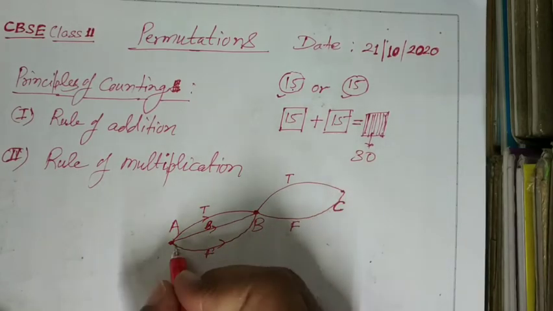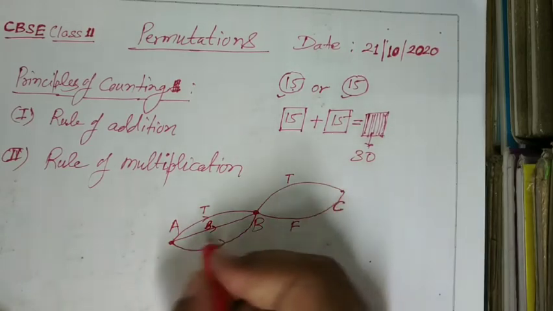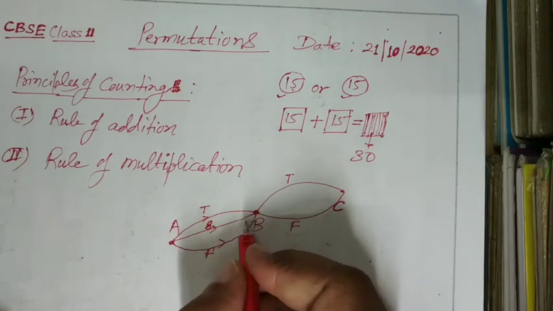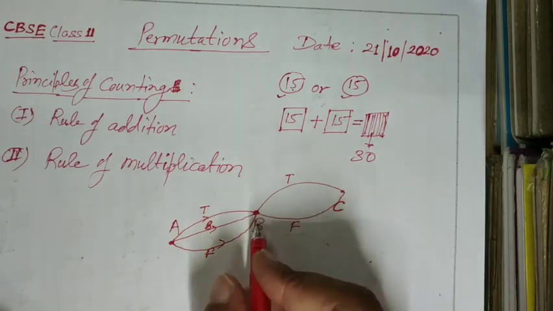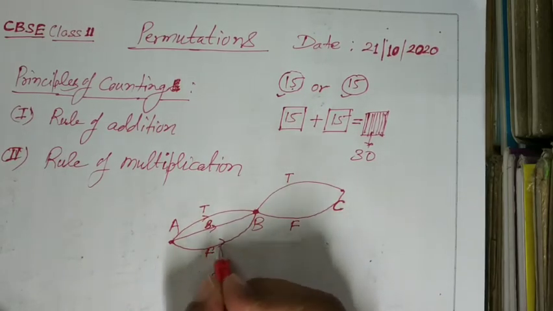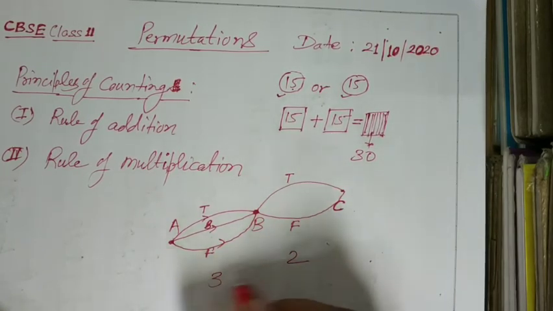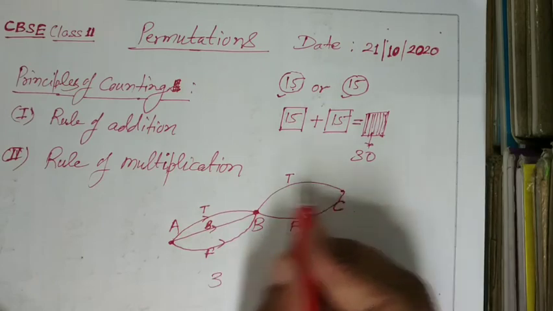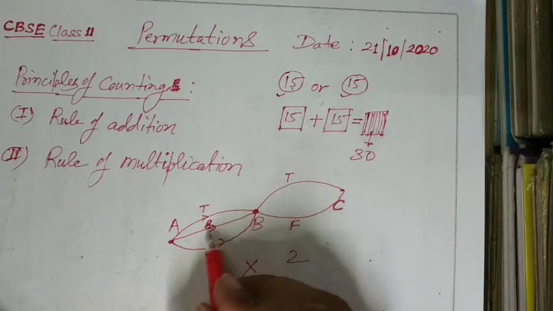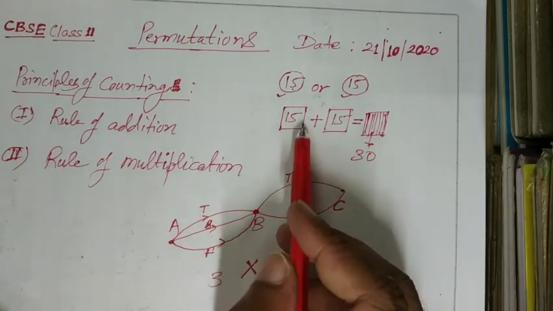So if you have to reach from A to C via B, because there is no direct train, no direct flight, and no direct bus, you have to change your mode of transportation at point B. In that situation you have to use any one of the 3 ways between A and B and any one of the 2 ways between B and C, and without using both you cannot complete the task A to C. That means they depend on each other to complete this task, so their product is taken, not the rule of addition.